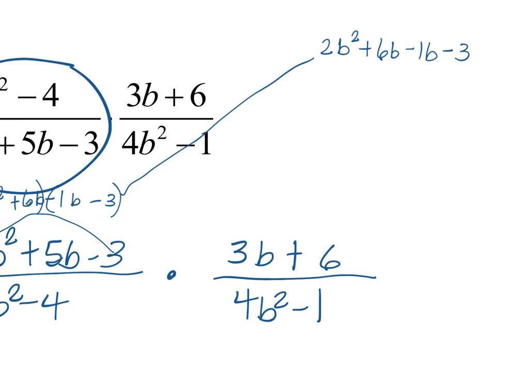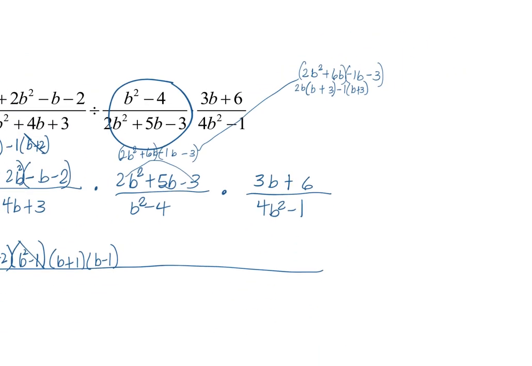And so now that it's a 4-term polynomial, I can factor by grouping, and the front has a 2 and a b in common, and if you factor out a 2b, you would just be left with b, because 2b squared divided by 2b is b, and then 6b divided by 2b is 3. Negative b minus 3, you can pull out a negative because your leading coefficient is negative, and you would just be left with b plus 3. So that factors into, if you take out that b plus 3, you're left with 2b minus 1.